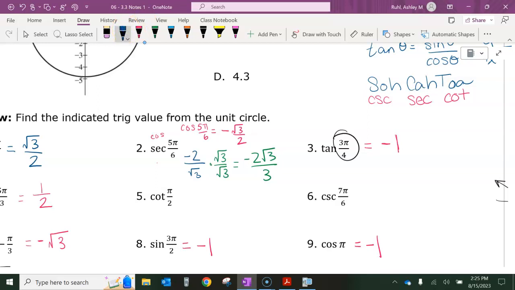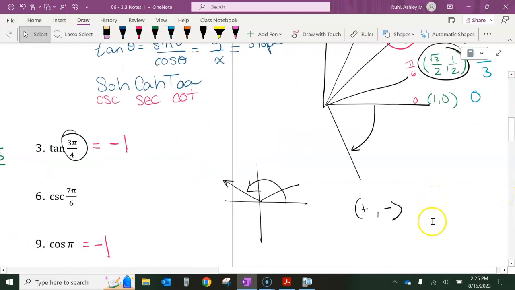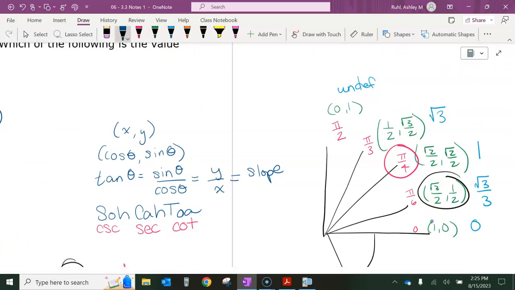Cotangent pi over 2 is a little bit tricky because if we look at tangent at pi over 2, tangent at pi over 2 is undefined. While tangent is the same thing as sine over cosine, cotangent is the reciprocal of tangent, but it's the same thing as cosine over sine.